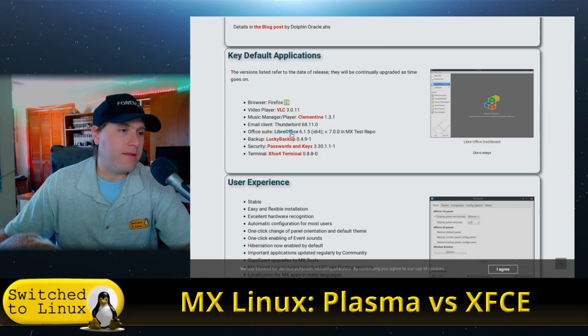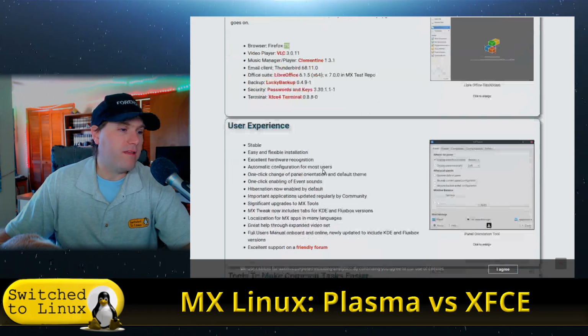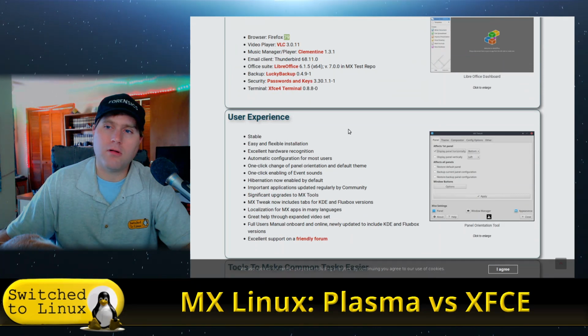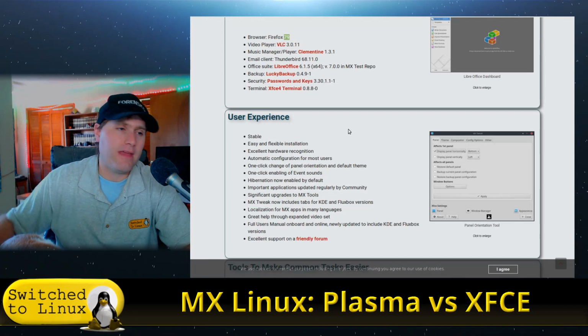We have VLC, Clementine, LibreOffice. We have either 6.1 or version 7 if you're using the MX test repos. You have Luckybackup, passwords, keys, XFCE terminal. Of course, I'm not sure if the KDE version will have the XFCE terminal.